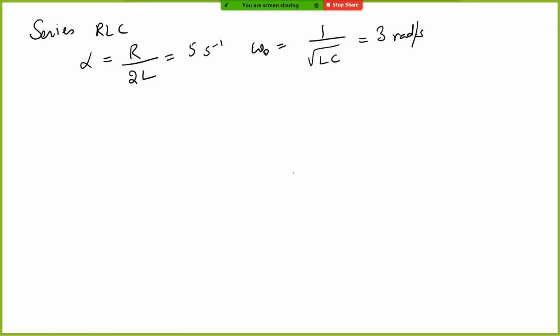So is this overdamped, underdamped, or critically damped? This is overdamped. Alpha is greater than omega naught, so it is an overdamped system.